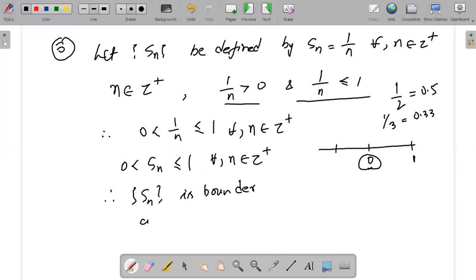And what is the greatest lower bound? Which is 0, and the least upper bound is 1. Clear? Yes. We'll see one more example of this.